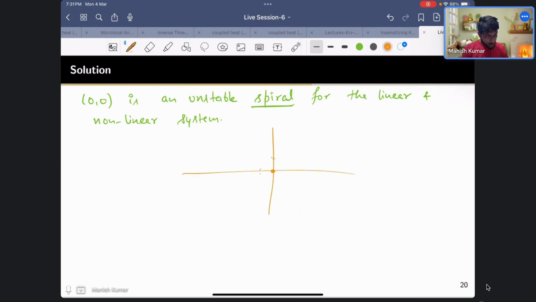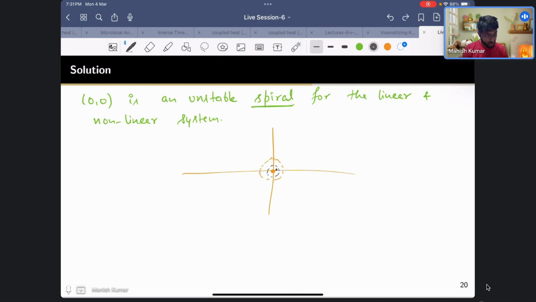Stable means that if you have some epsilon ball, then for this epsilon there will exist a delta, so that if you choose any initial data from here, the solution will remain inside this orange box, right?